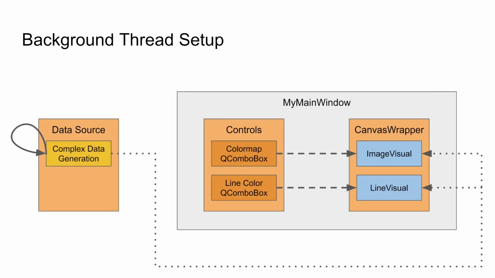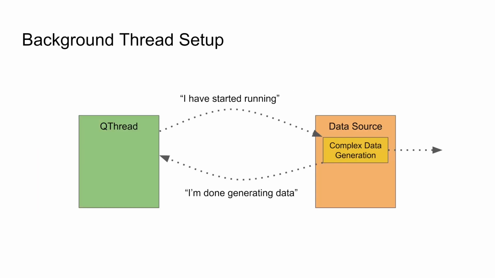So if we go back to this diagram showing that our data source is continuously looping, it's calling itself, always processing new data, always producing new data, emitting it as a signal. What we aren't showing in that slide is the threading.